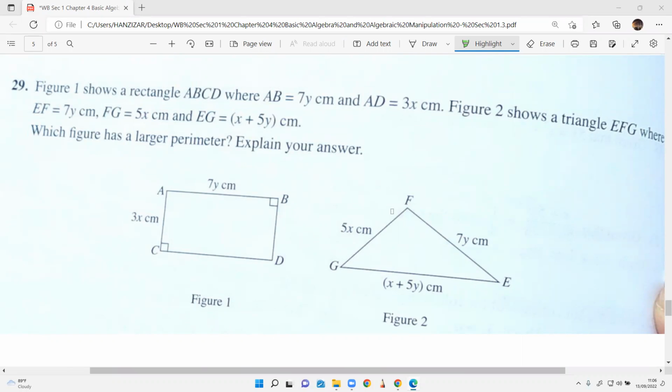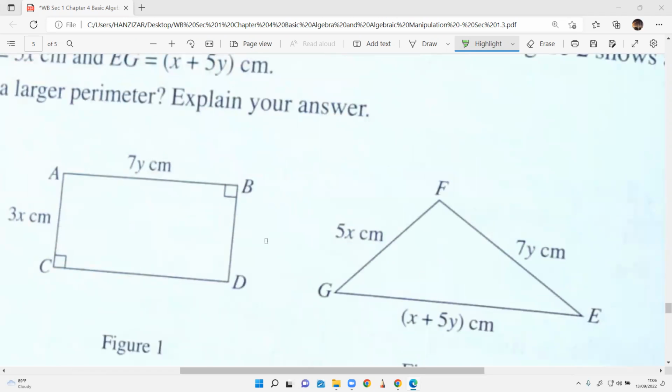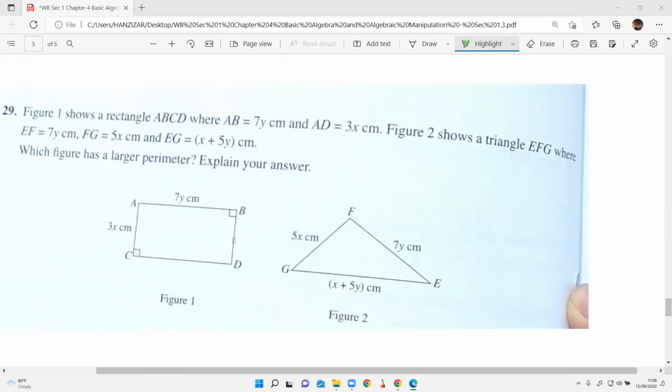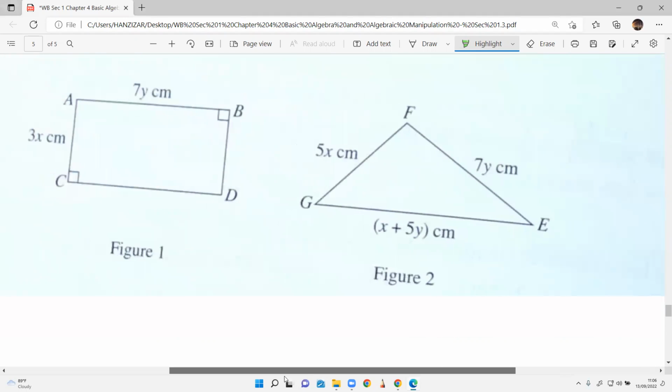Figure 1 shows a rectangle ABCD where AB is 7y and AD is 3x. The length is 7y, the width is 3x. And figure 2 shows a triangle EFG where EF is given on the question here. Which figure has a larger perimeter? How do you calculate perimeter, guys?